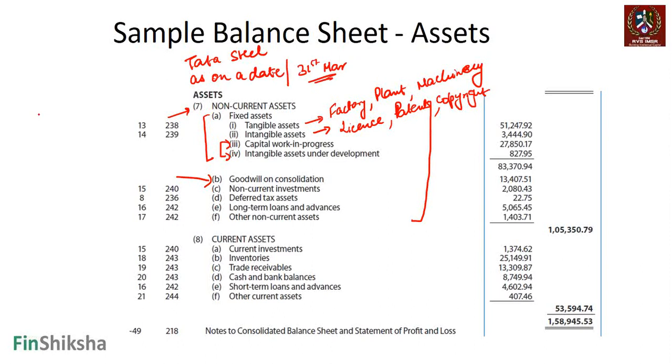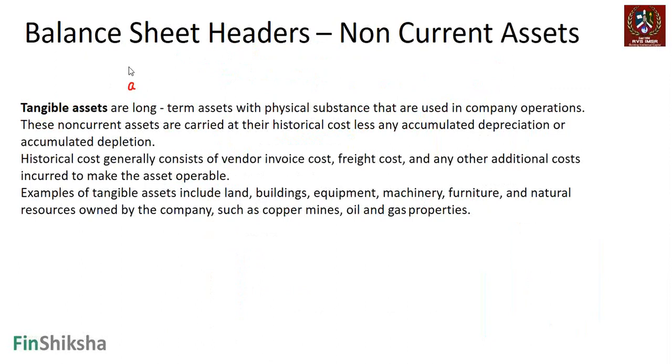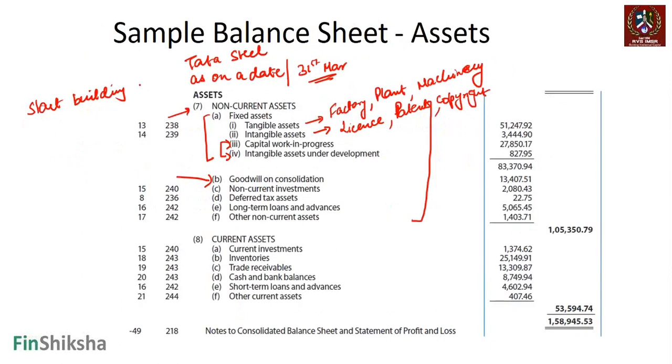Now, if you start building a factory and do not complete it by 31st March, you've put in 1,000 crore in it, but it is not yet operational.